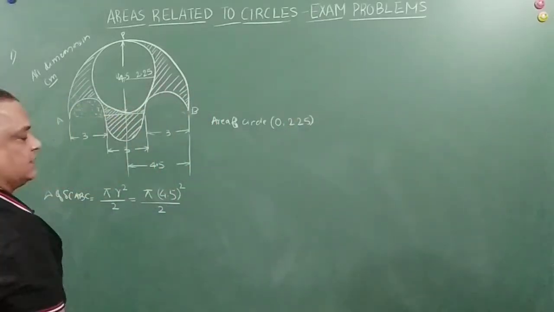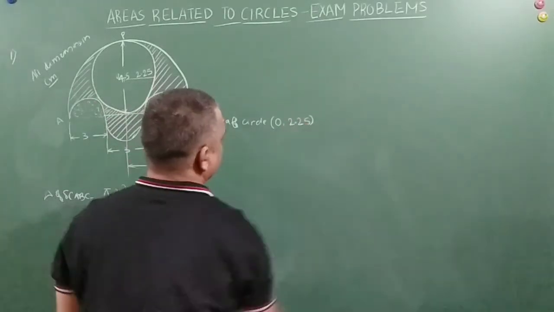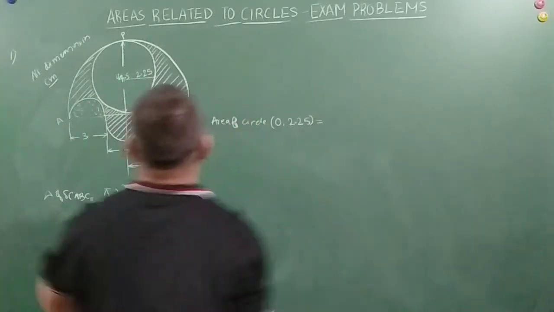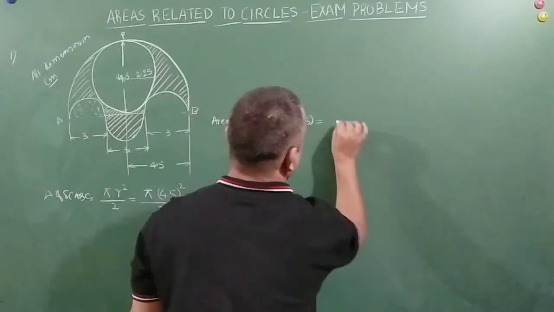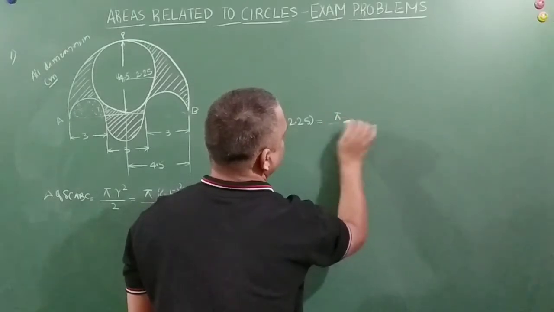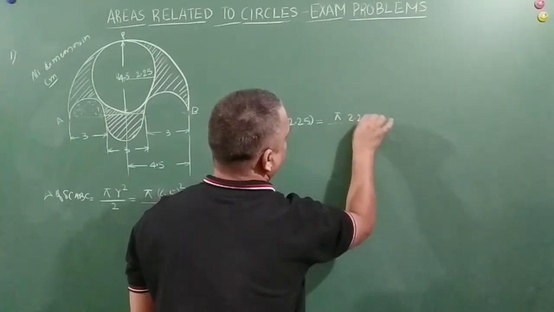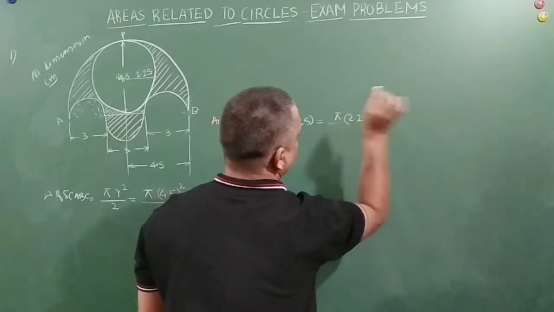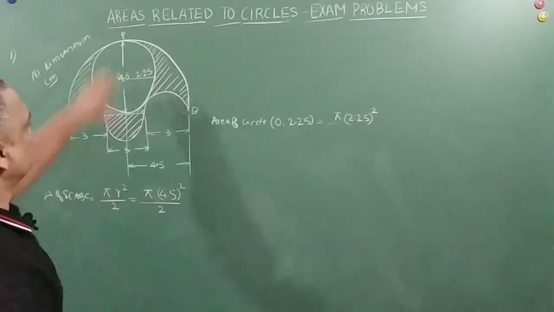Denotation of a circle is like this, right? Will be equal to how much, my friends? Pi r square. R is nothing but 2.25 square. Correct? So this we have found out.